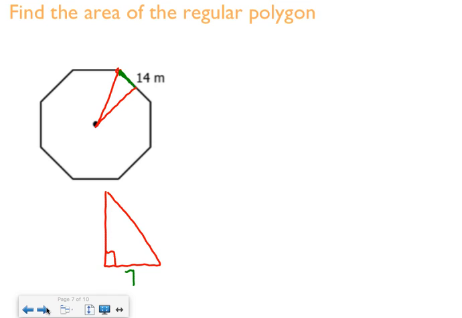You can either use Max's method or my method or any method you want, but we still need to find the angle. This angle right here, right?